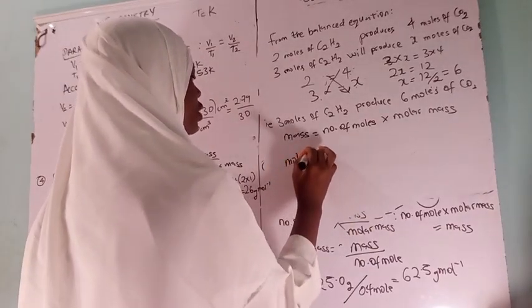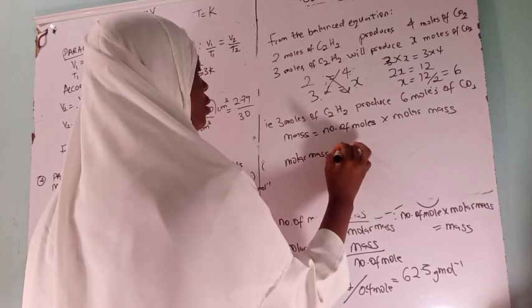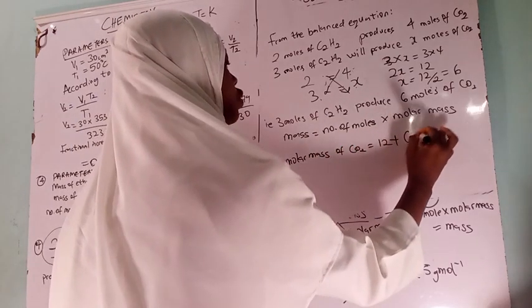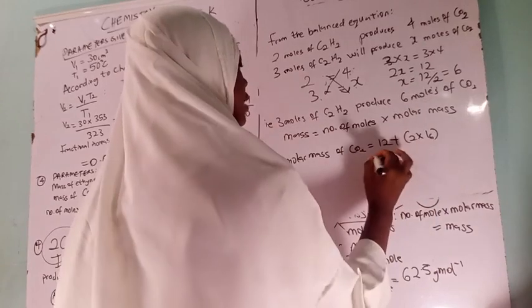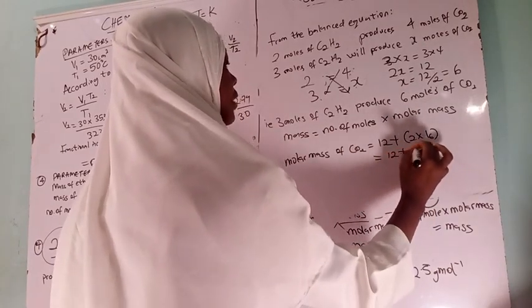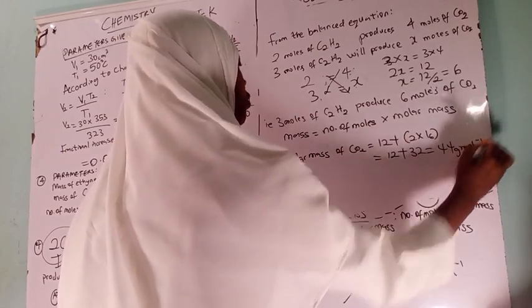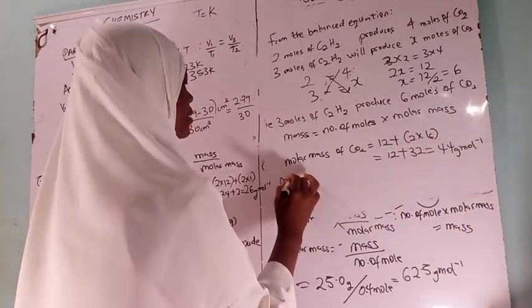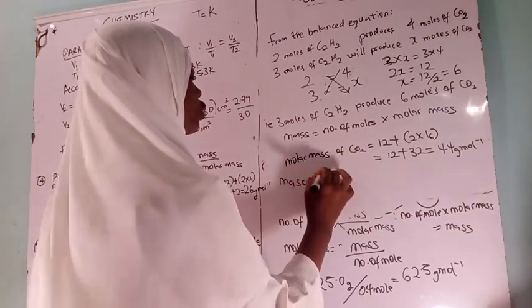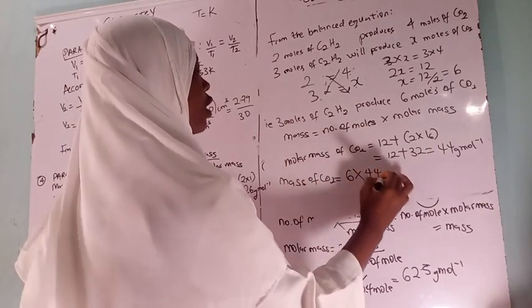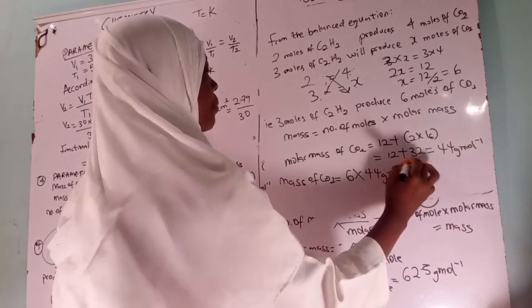Molar mass of CO2 equals 12 plus 2 times 16. That is 12 plus 32 equals 44 gram per mole. Then mass of CO2 equals 6 times 44 gram per mole.